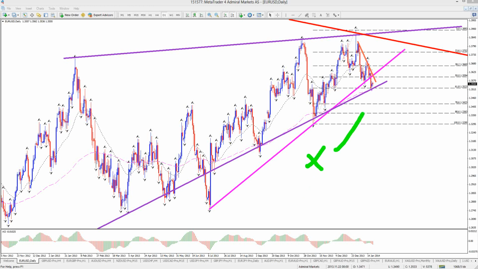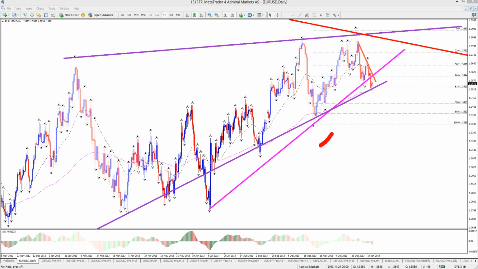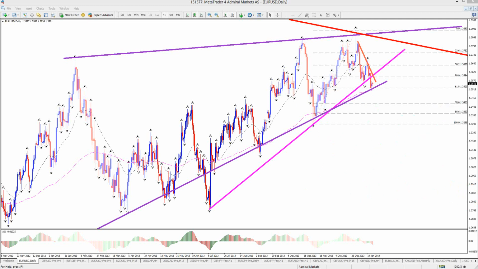You have X to A, then down to B, then up to C, and then D. X, A, B, C, D, right? Various fib ratios.